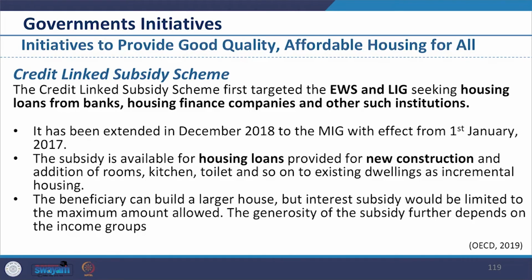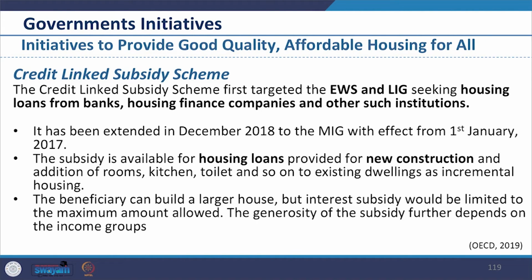The subsidy is available for housing loans provided for new construction and addition of rooms, kitchens, toilets and so on to the existing dwelling as incremental housing. The beneficiary can build a larger house but interest subsidy would be limited to the maximum amount allowed.